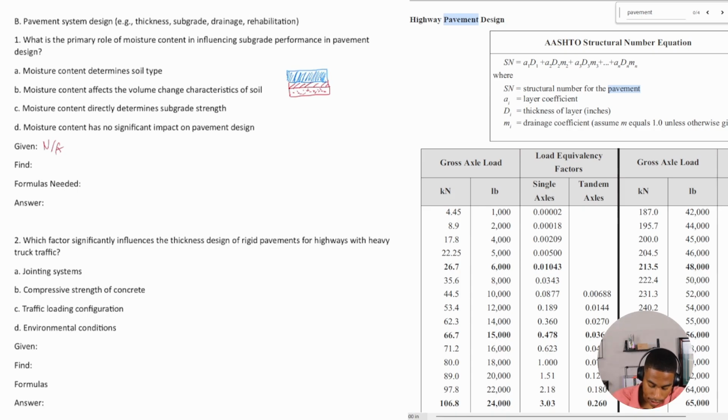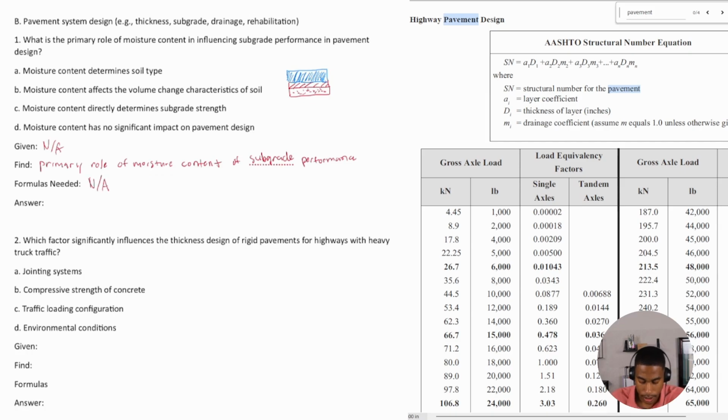We're trying to find the primary role of moisture content on subgrade performance. Are there any formulas needed? In this case, not applicable.